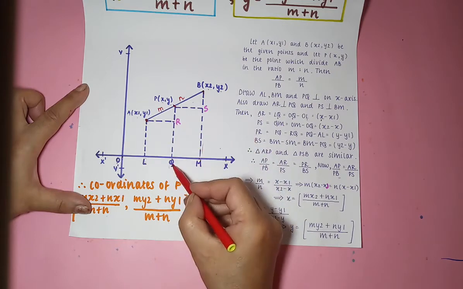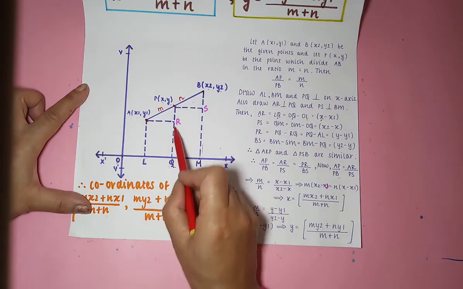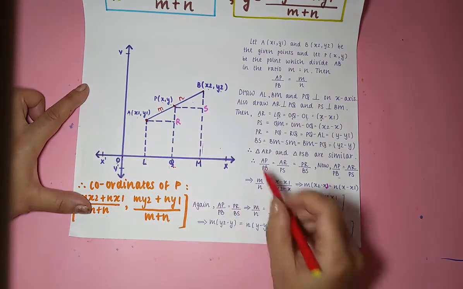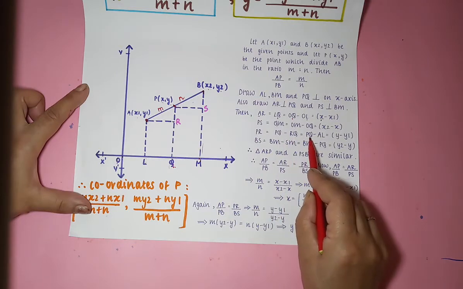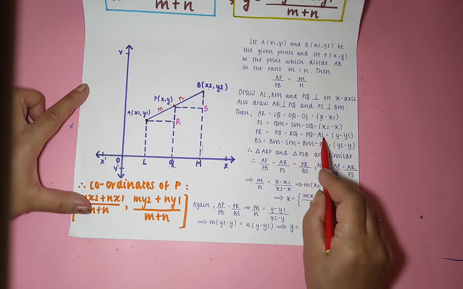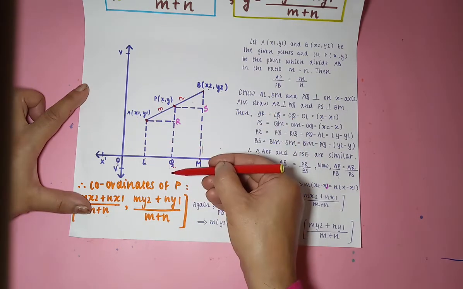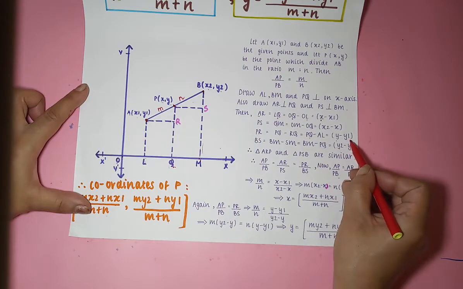Now RQ is represented by point A along the y-axis, and what is that? y1. So what is the distance PR? PR distance is PQ minus RQ, or PQ minus AL, right? AL is also the same as RQ. So that is y minus y1.